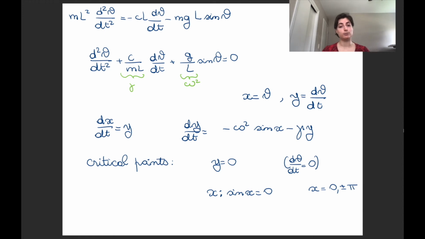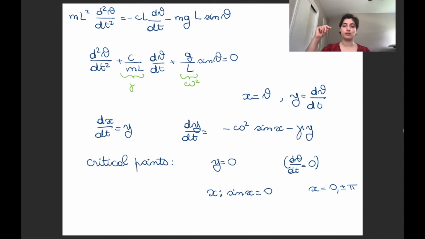If we want to look at critical points, we want to find something for which dx dt is equal to 0, so y is equal to 0, and dy dt is also equal to 0. What does that mean? Well, dx dt equal to 0 means that theta is fixed. The derivative of theta with respect to time is equal to 0. That means that theta is not moving.